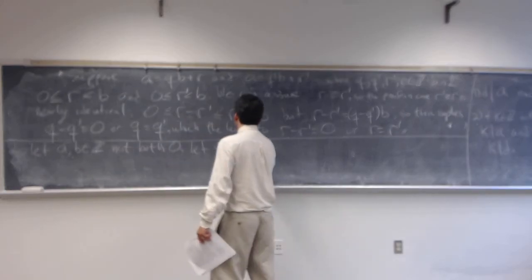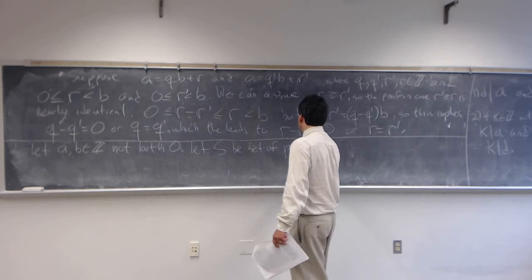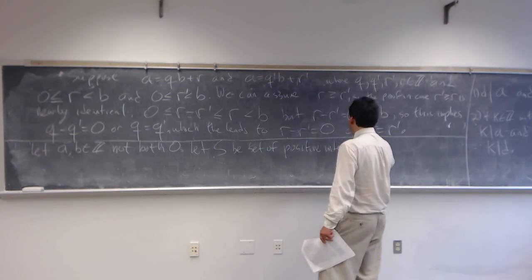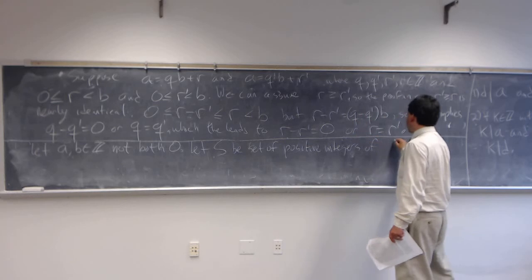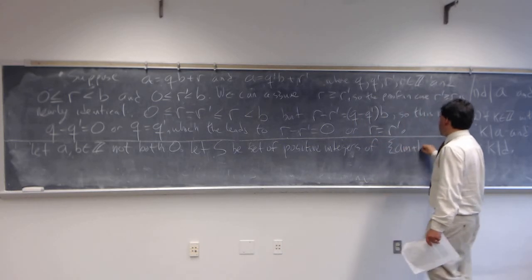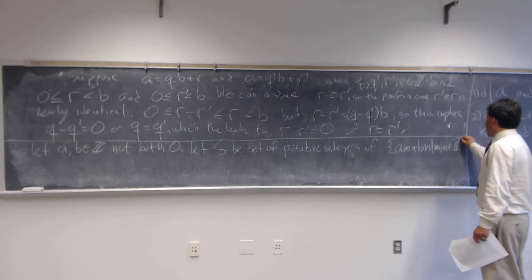Let S be the set of positive integers of the form AM plus Bn, where M and N are arbitrary integers.